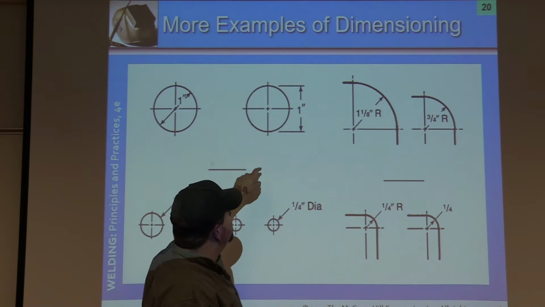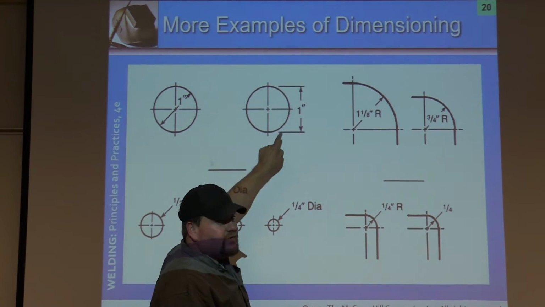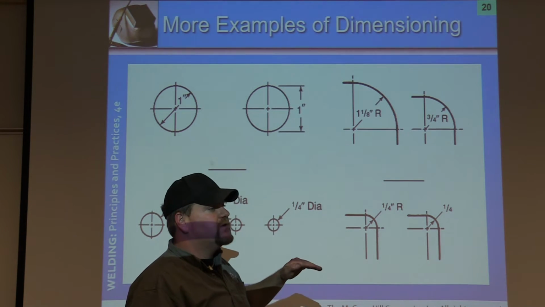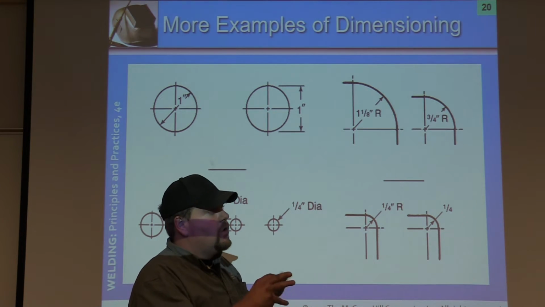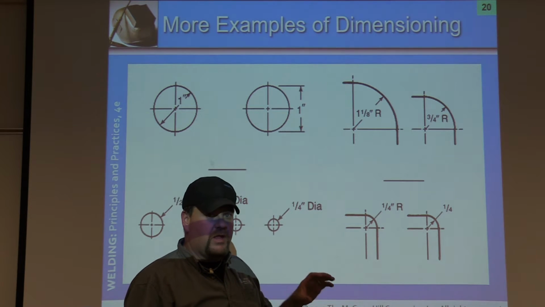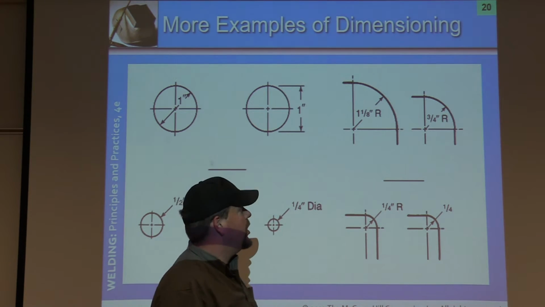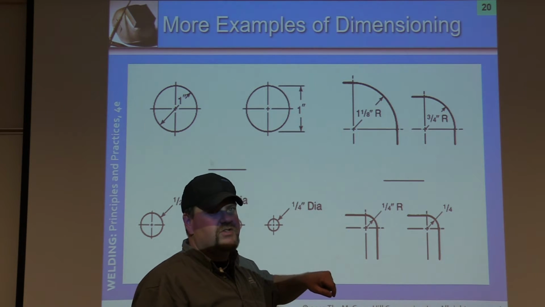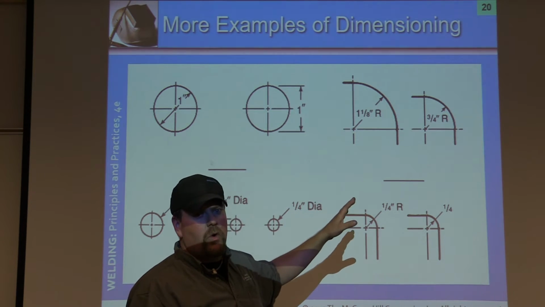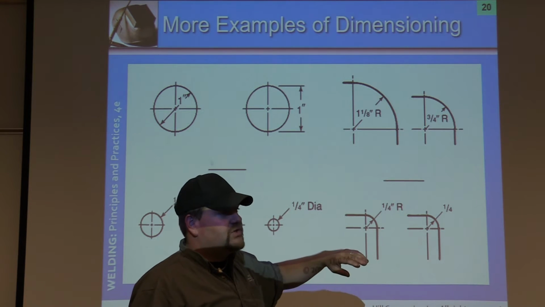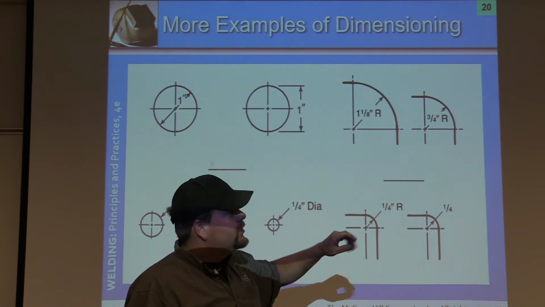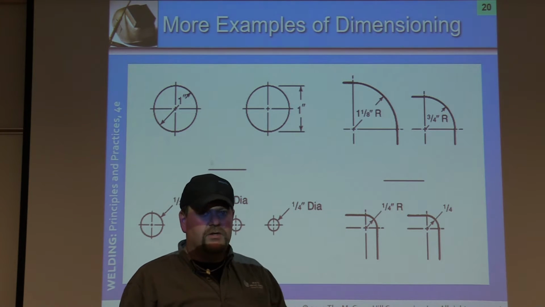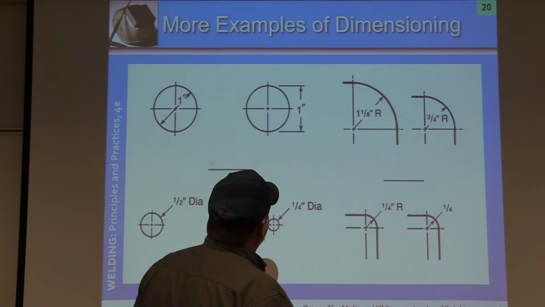You may not see each individual bolt hole dimensioned, but you might see one give you the reference dimension for all 4, or however many bolt holes are in that drawing or on that project. Same as radius. It might give you a radius and say that all radiuses, all 4 corners, or 6 corners, whatever, are at this radius, okay? So real quick, let's talk about radius.